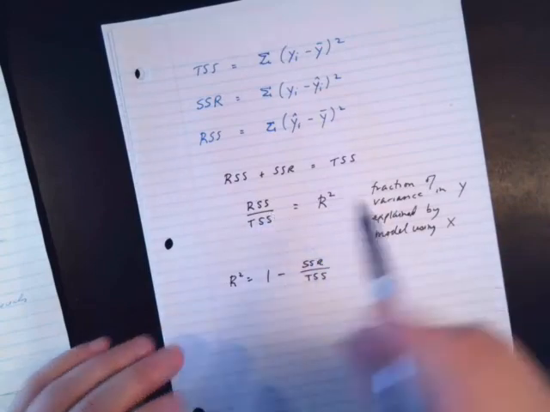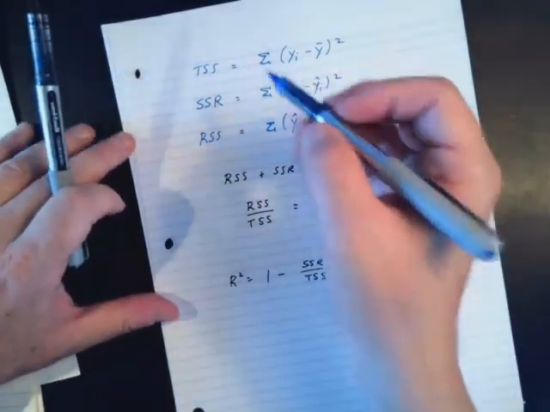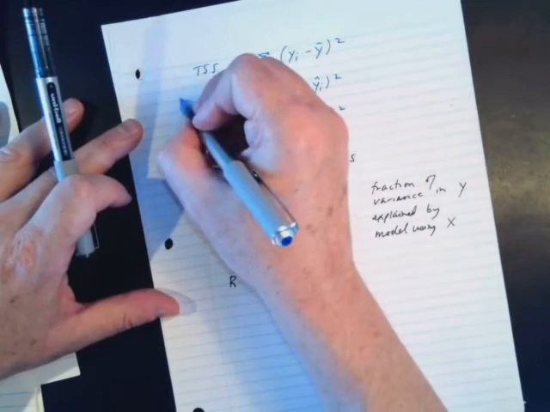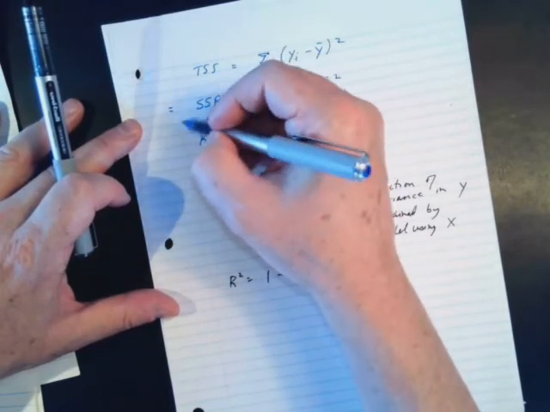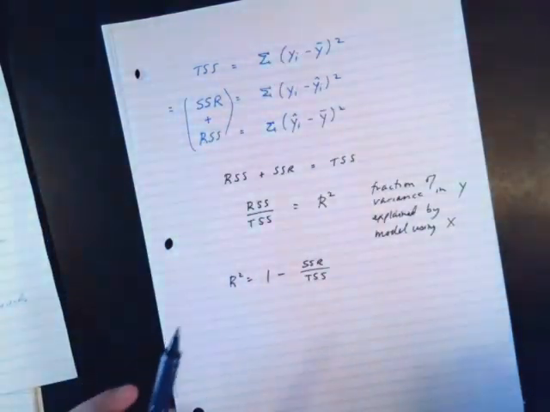These two are the same because the total sum of squares equals those added together.